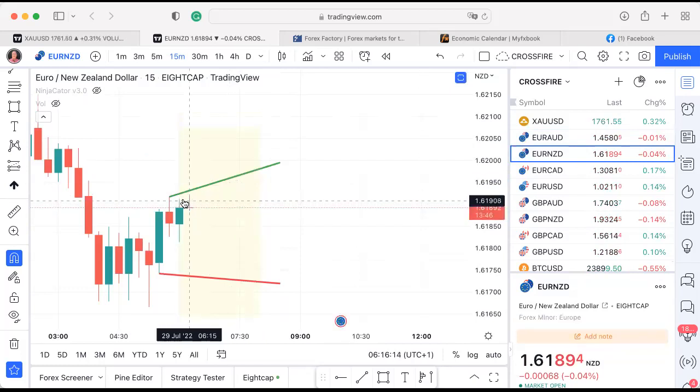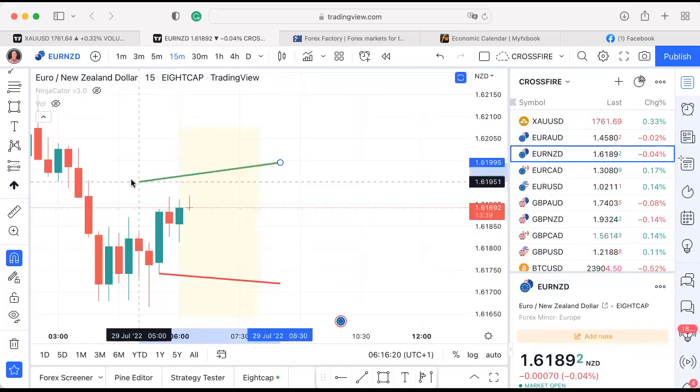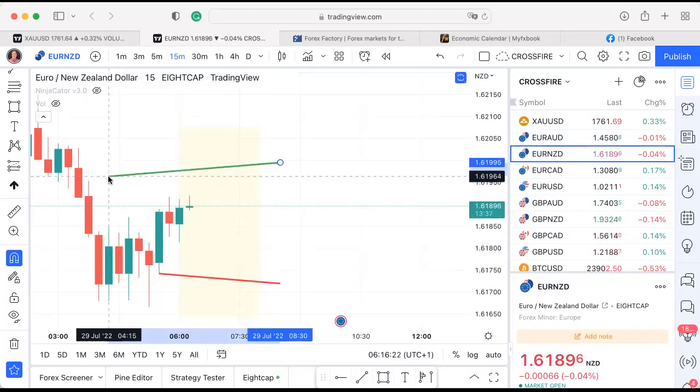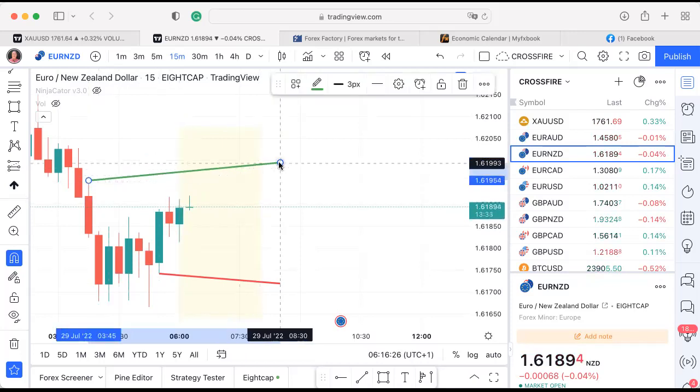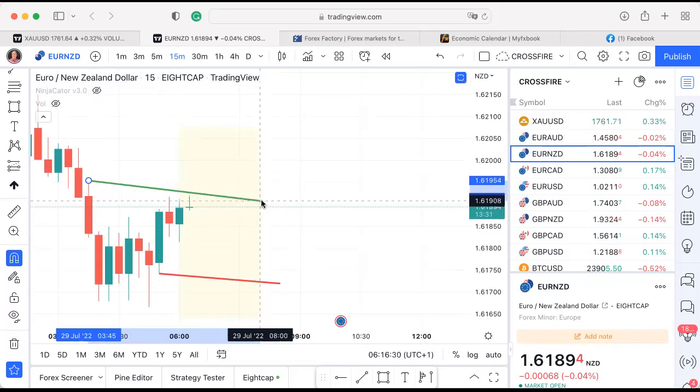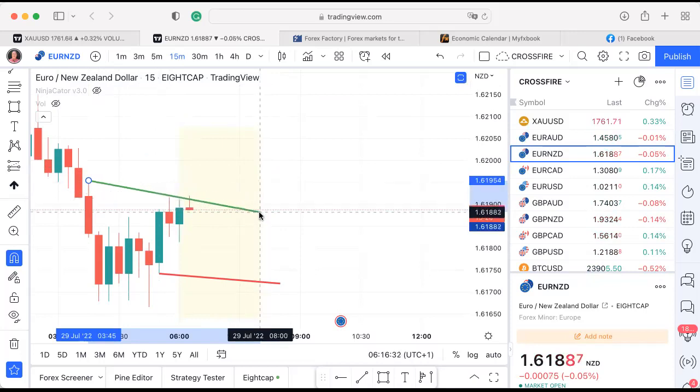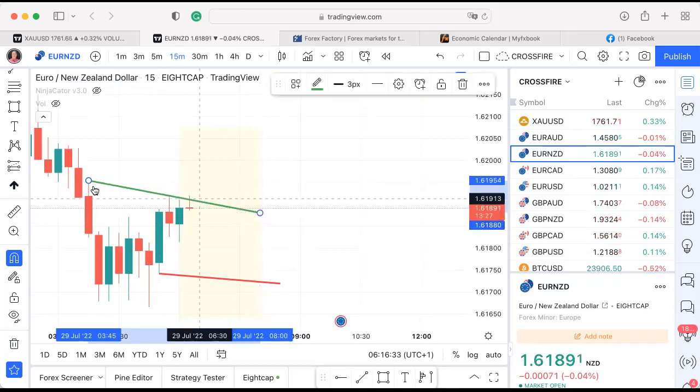Now we've got a similar situation here. That looks identical to that. So I'm going to move this one. I'm going to take it to the one before, just so I get a downward angle on the trend line. Well, that's now got 2 touches. It's touching that wick there. It's touching that wick there.